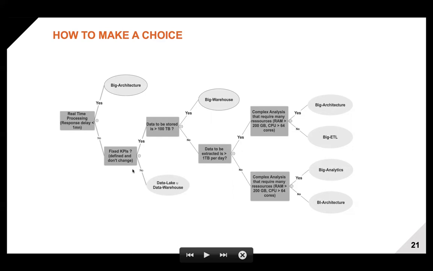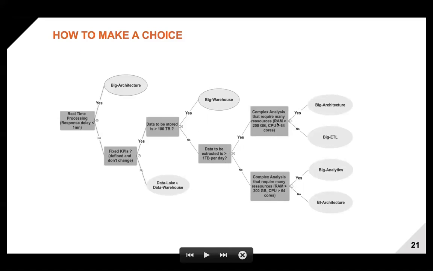Then the second question is, do we have fixed KPIs? If we don't, we can use data lake and data warehouse in the same architecture. If it's not the case, here we have to ask a question about the data volume. If you have more than 100 terabytes, it's more interesting to use the big warehouse architecture. If it's not the case, we have to ask another question, which is, should we extract a high data volume, meaning more than 1 terabyte per day?